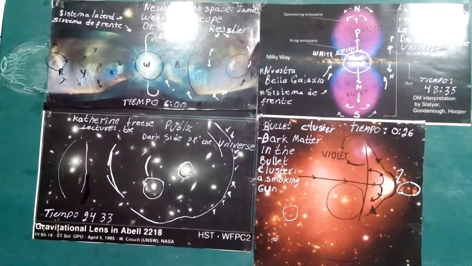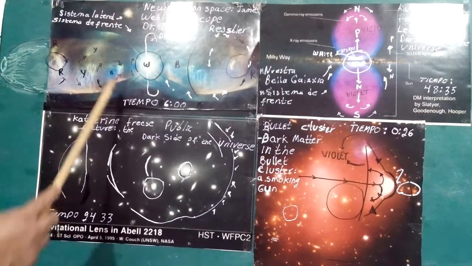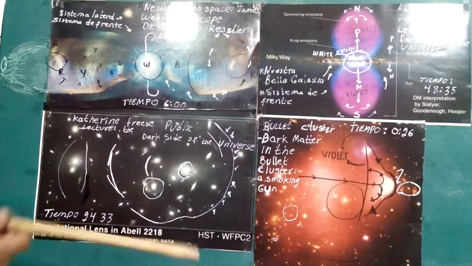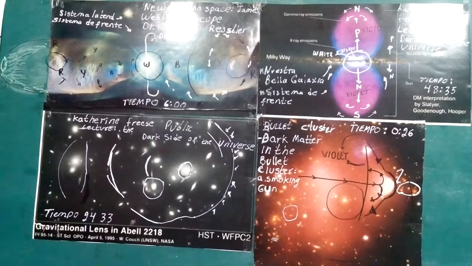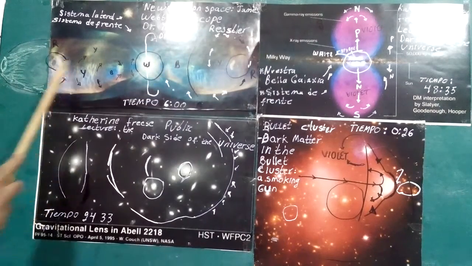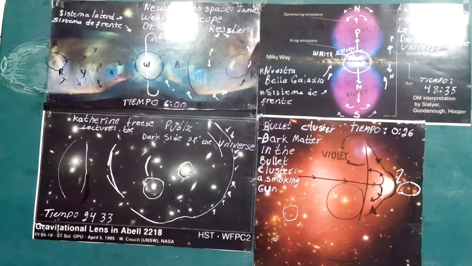That is the idea, 2 stars orbiting each other, and one of them is kind of about to die and throws matter out, okay, to the left and to the right. That is what Michael Ressler says.